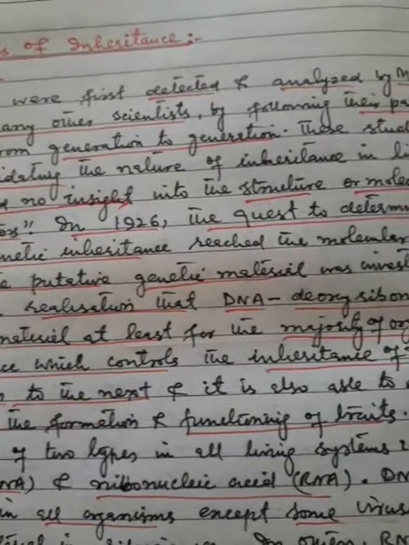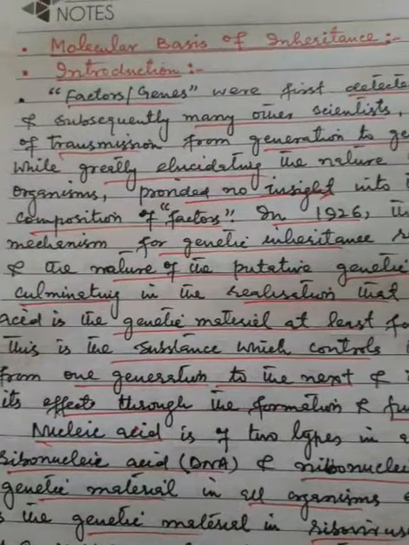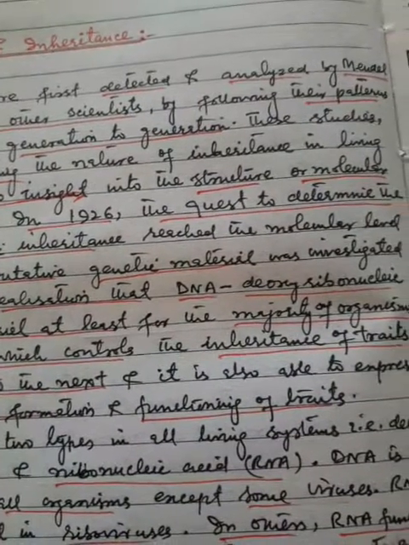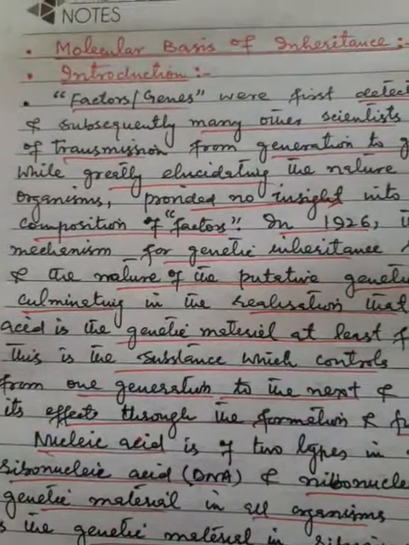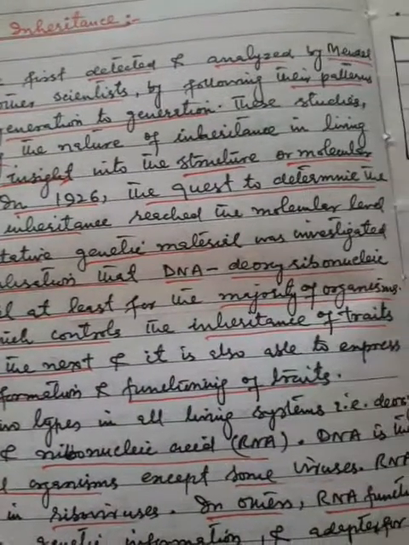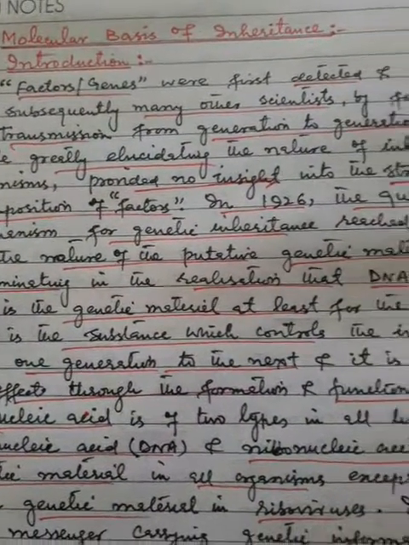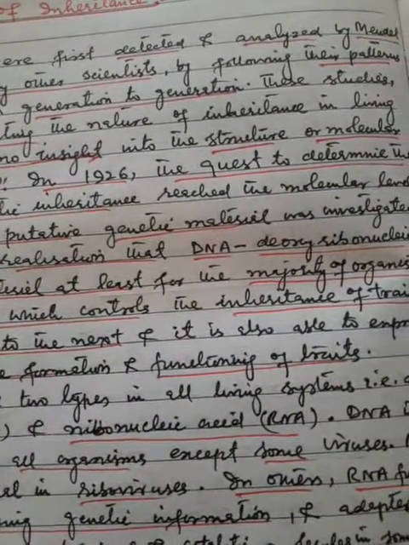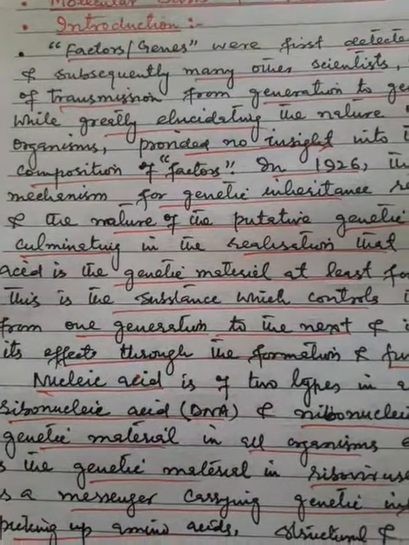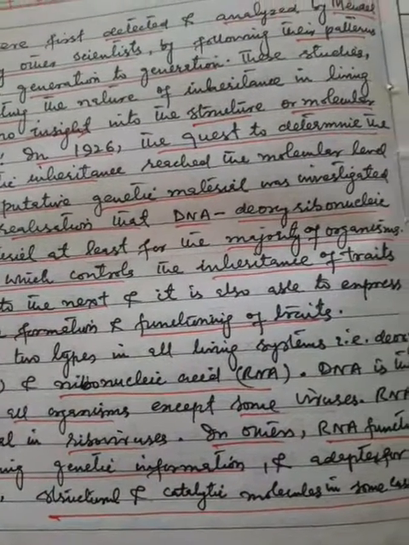In 1926, the quest to determine the mechanism for genetic inheritance reached the molecular level, and the nature of the genetic material was investigated, culminating in the realization that DNA, deoxyribonucleic acid, is the genetic material, at least for the majority of organisms.